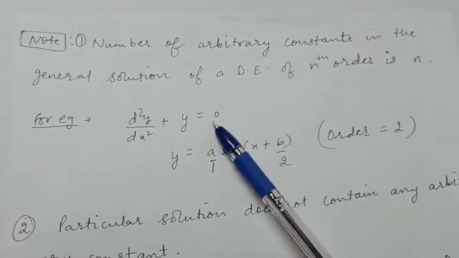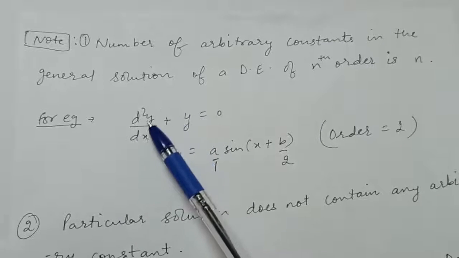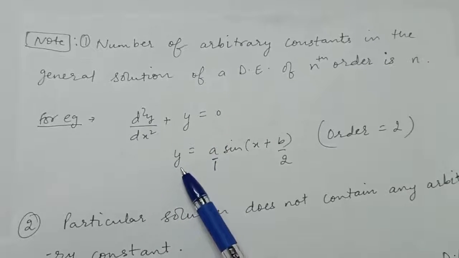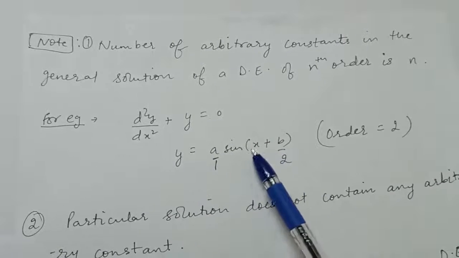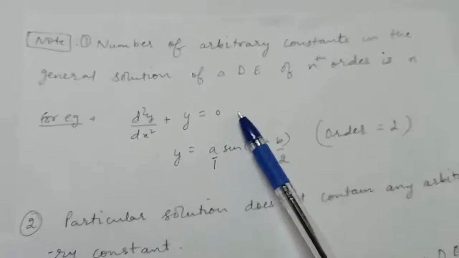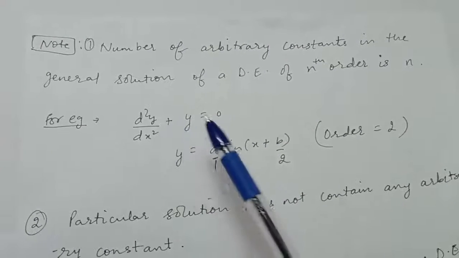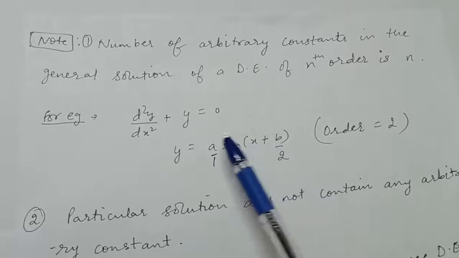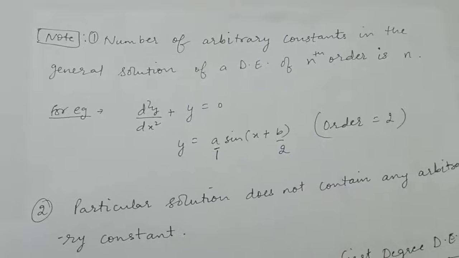In the previous lecture we considered this differential equation of second order, and we saw that this function y equals a sin x plus b satisfies this differential equation. So this is a differential equation of second order, and you can see the number of arbitrary constants is also 2, a and b.